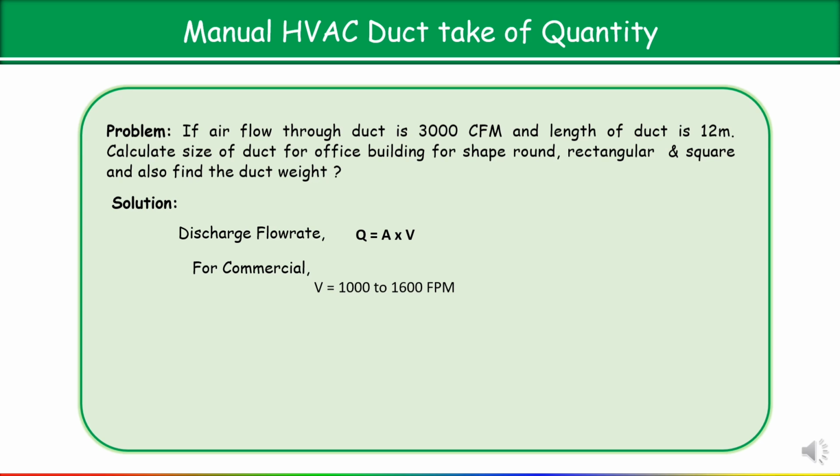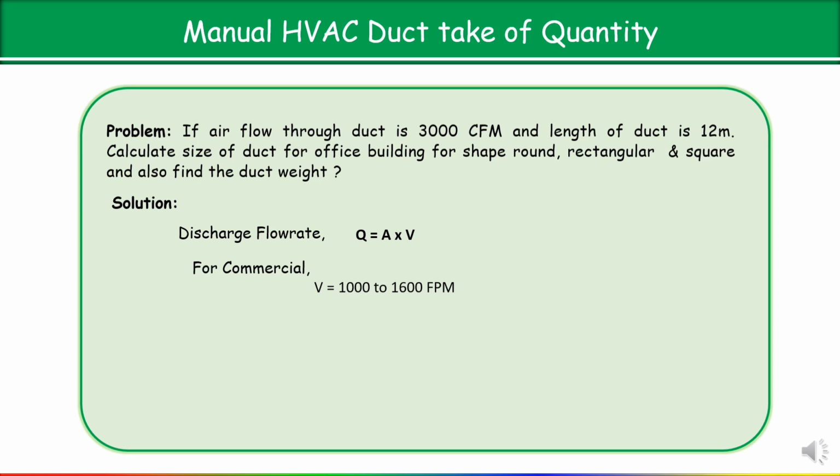In duct designing, I have already discussed this in detail in the duct designing topic, but here also I am just explaining. As per ASHRAE and the Carrier manual handbook, if you are designing for a residential building, the velocity should be maintained between 700 to 900 fpm. For commercial, 1000 to 1600 fpm.